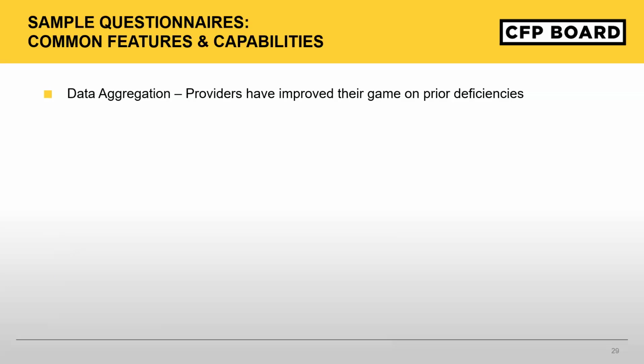And data aggregation being first, this was an interesting one, as there's a lot of research or history that shows this is a tool that advisors do want to utilize, but there's just not a lot of satisfaction in some of the existing tools and experiences that have been out there. But I just encourage you to give the providers their due.